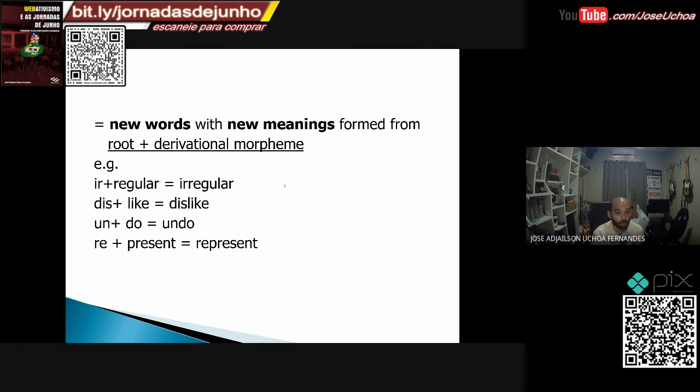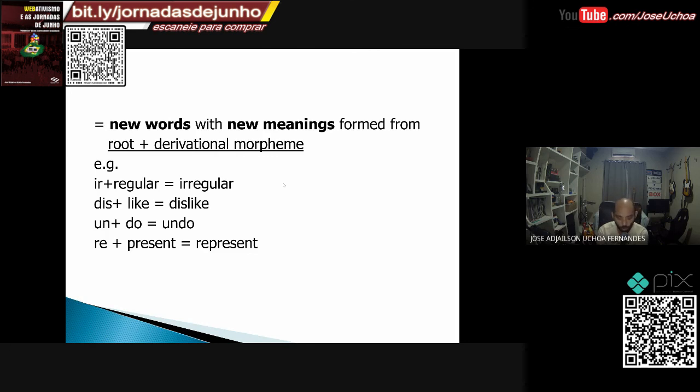So when we form these new words, we provide new meanings formed from the root plus a derivational morpheme. What is the name of this process? Like I have regular and I add ir and I have now irregular. I have like, plus this before it, I have dislike. Do, the opposite of do, is undo.